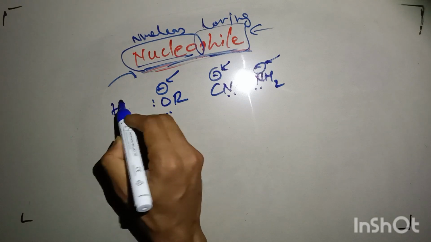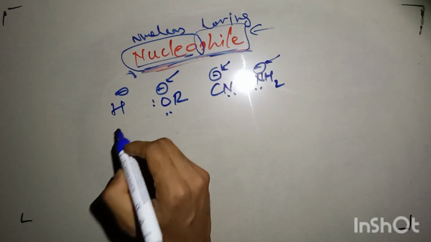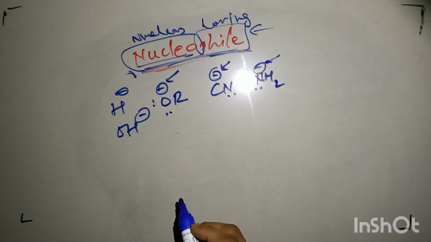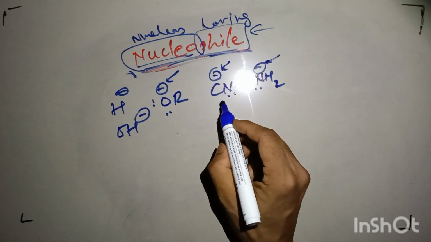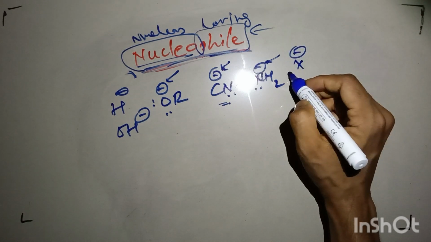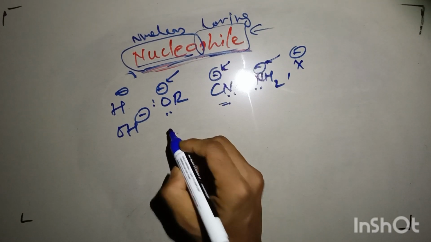Tell me some more examples of charged nucleophiles. Negatively charged nucleophile: H negative. You can also take OH negative, CN negative, cyanide, already taken. Halogens are also negatively charged because of high electronegativity. Halogen is also an electrophile, but it can also act as nucleophile.